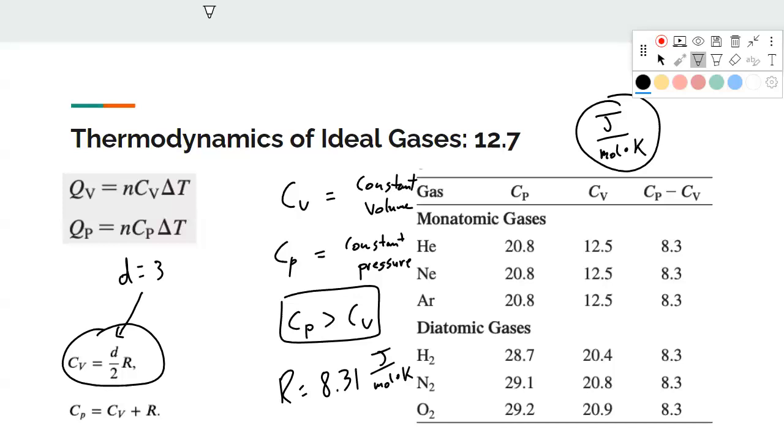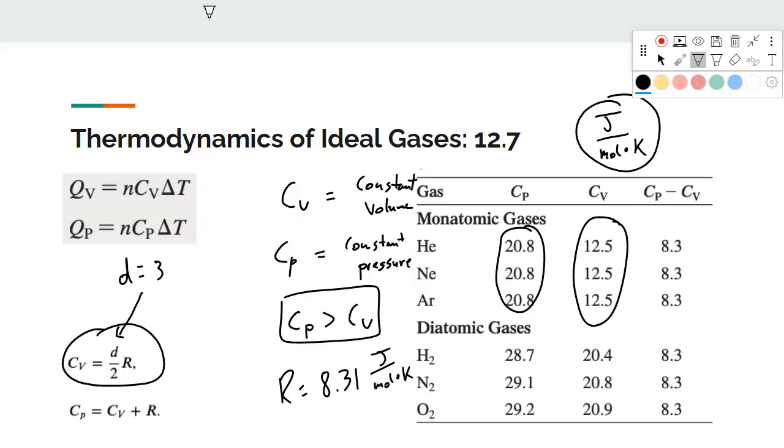And we see that for a monatomic gas, the constant volume heat capacity is just 3/2 times R. So if you do 3/2 times R, which is 8.3, you'll get 12.5. And when chemists in the late 1800s realized this, they were amazed, incredulous that this was enough to predict these heat capacities. And then you just have to add 8.3 to get these constant pressure heat capacities.